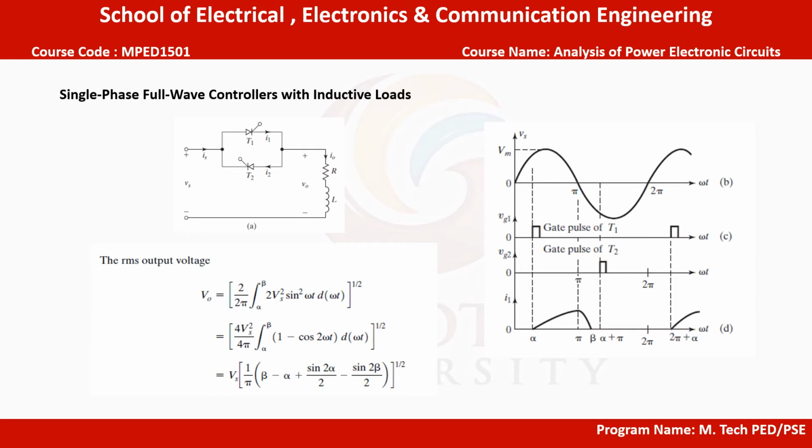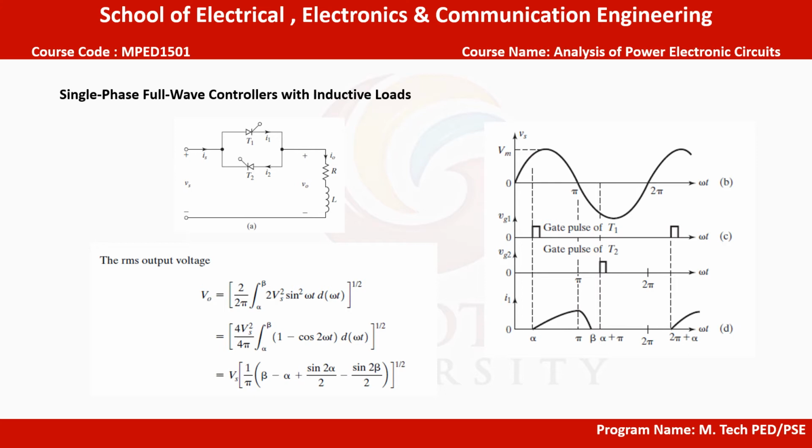Let us assume that thyristor T1 is fired during the positive half cycle and carries the load current. Due to inductance in the circuit, the current of thyristor T1 would not fall to 0 at ωt = π when the input voltage starts to be negative. Thyristor T1 will continue to conduct until its current i1 falls to 0 at ωt = β.